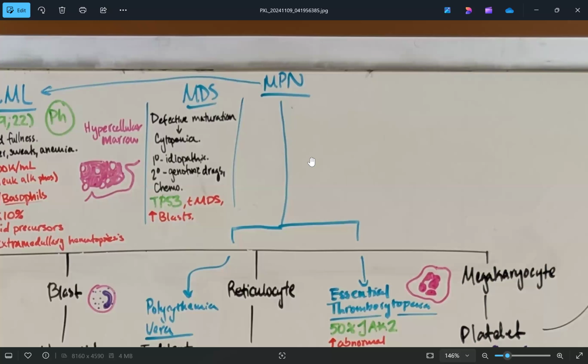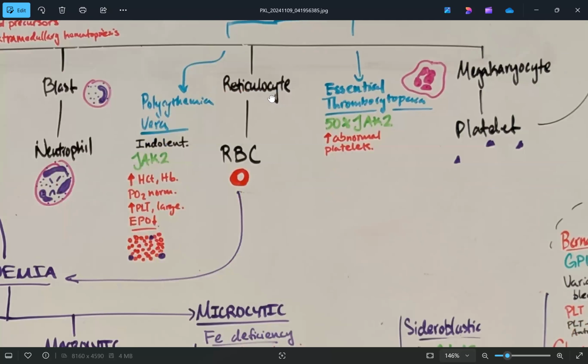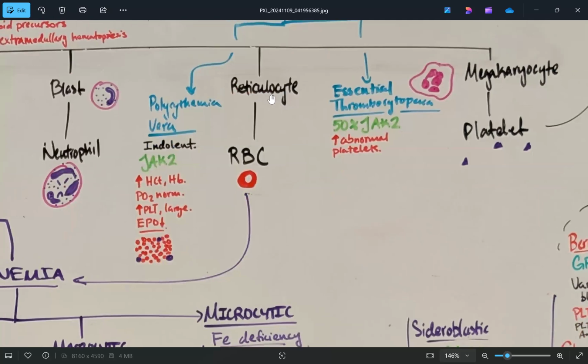For myeloproliferative disorders, or neoplasms, there's two types we generally talk about, but CML also falls under the category of myeloproliferative neoplasms. You'll have your polycythemia vera. Usually it's an indolent disease, and it deals with your JAK2 receptor mutations. You'll see an increase in hematocrit, and this will involve red blood cells in general.